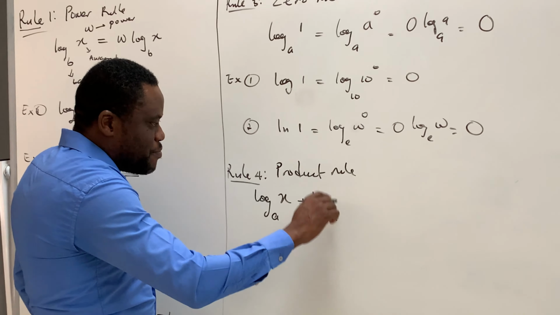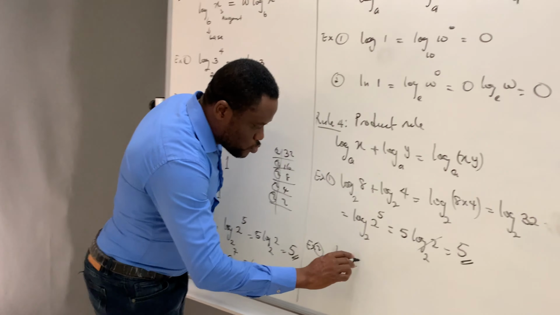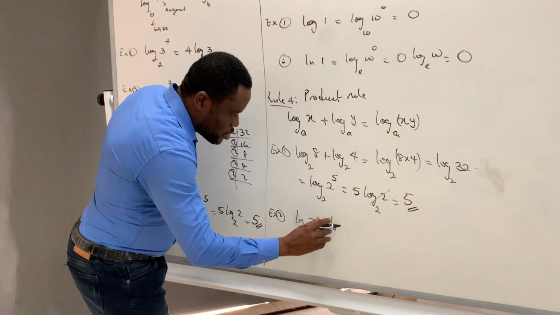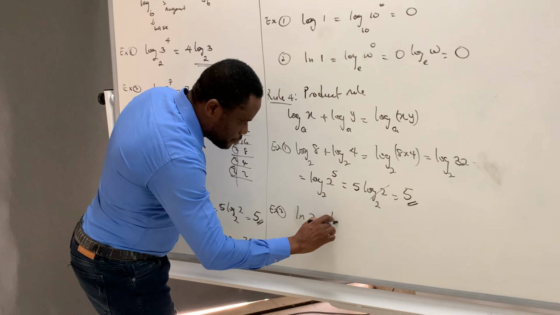Let's do an example. Let's say we have now, let's use natural. Ln 2 plus ln 3. Ln is common. I can choose one there. So I will have ln of 2 times 3, which is ln 6. Right? Easy. This is very easy.